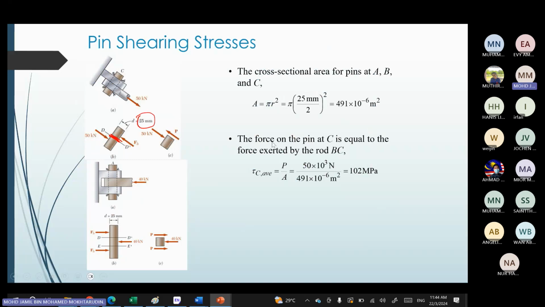And then the force on the pin at C is equal to the force exerted by the rod BC, which just now is 50 kilonewton. So just now it's the normal stress, but now it's the shear stress at this point. Okay, so it's just the force divided by area of the pin. Okay.